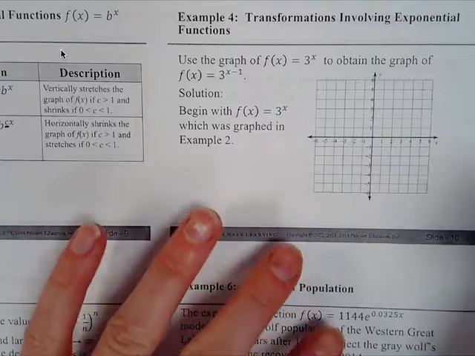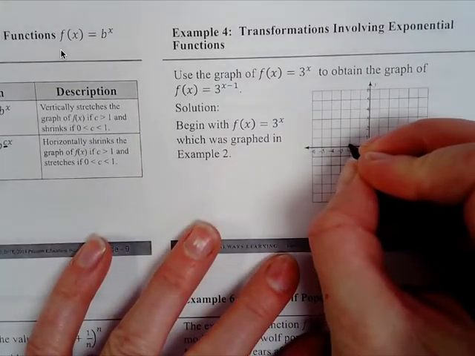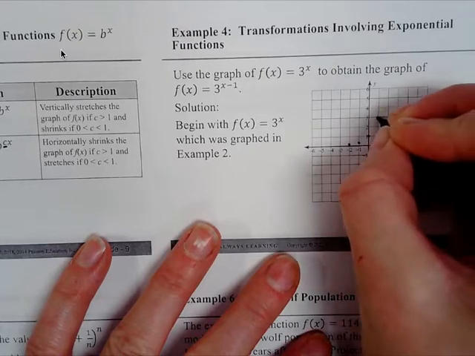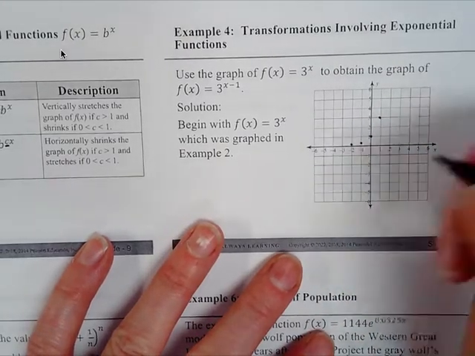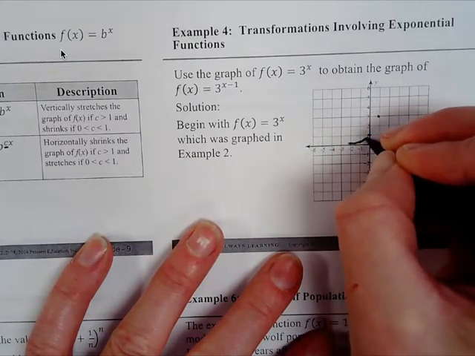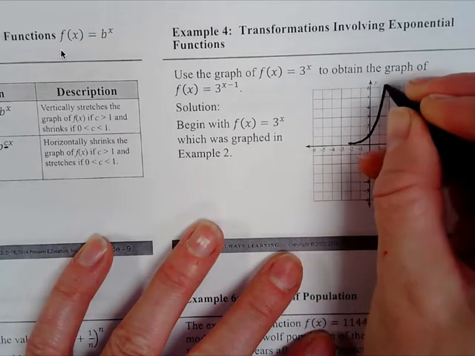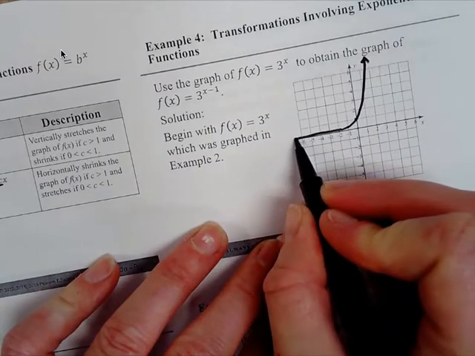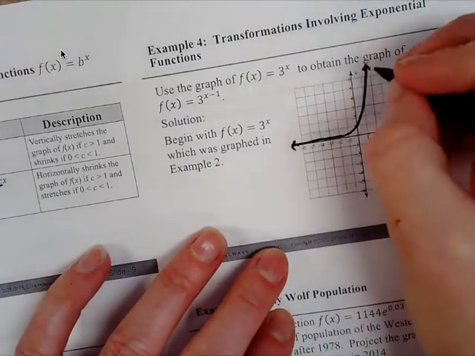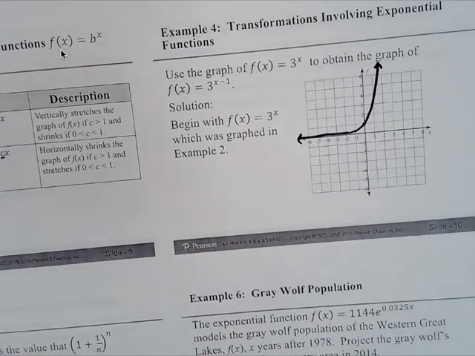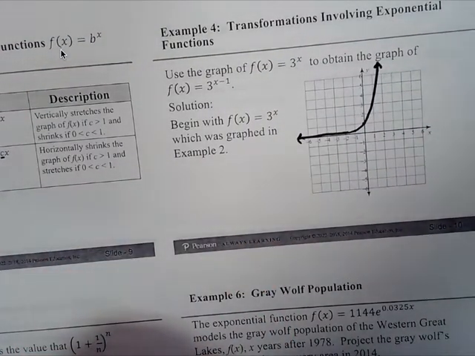So we know what the first one was. It was like here, here, and then 1, and then 3. So this was our same one, f of x equals 3 raised to the x value. Now with a different color, I'm going to graph the other one.